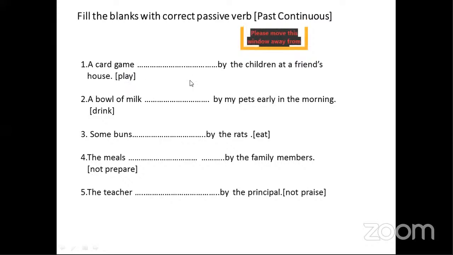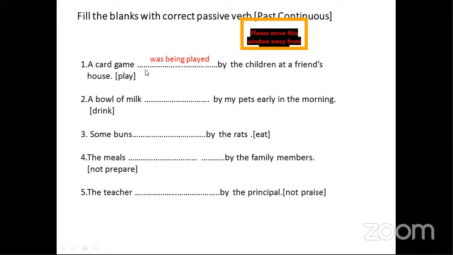Now you can remember, in present continuous tense we have to use am, is, are, then being, then the past participle verb. Now how is the structure for the past continuous tense? We have to use subject, was, were, being, past participle verb. So we will try with the very first sentence. A card game is a singular noun, so you have to get was.